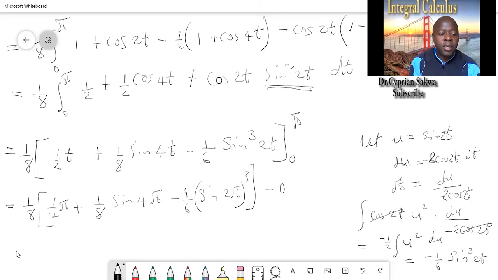So this one can be done in a calculator. You can do that on a calculator and see what you get. But that's how it's done.